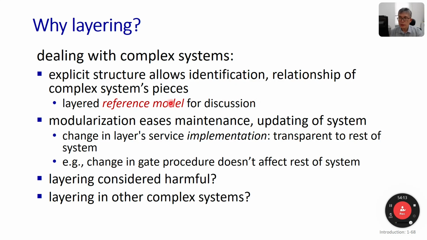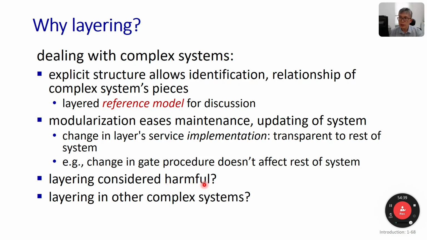Also, if you invent a new transport layer protocol, you just replace it, and the existing physical layer, data link layer, and network layer can be reused. So modularization eases maintenance and update of a system, and later we will consider the harmful optimization point of view.